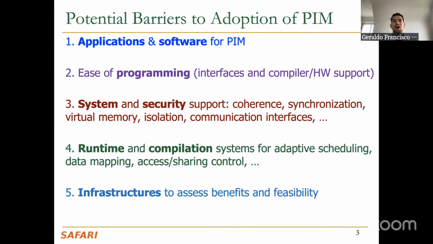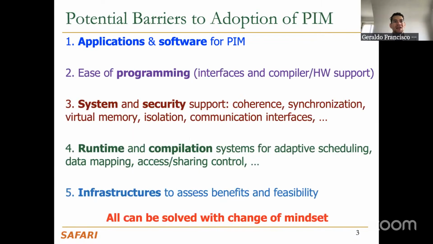For example, what type of coherence and synchronization primitives you need to enable so that you can enable tightly coupled processing memory architecture, how we can develop runtime and compilation support for scheduling computation across the many processing memory cores that you might need in your system, or how we can deal with data mapping and access control. And we also need to develop infrastructures that allow us to quickly test and check the feasibility of a given processing memory system for a given application.